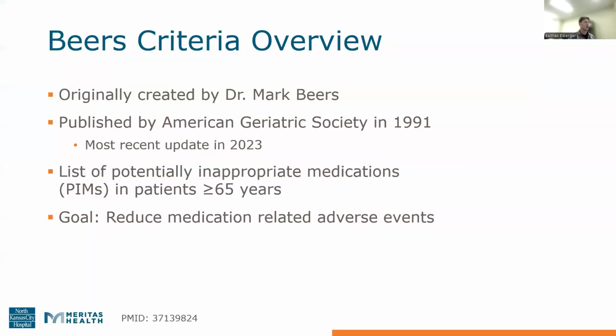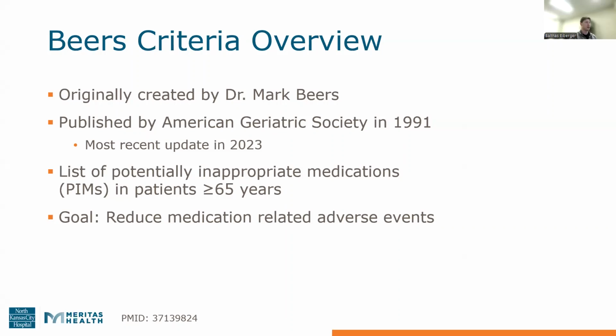All right, so now that that's out of the way, let's go ahead and get started. So what is the Beers criteria, and what does that even mean? It's a list of medications originally created by a physician, Dr. Mark Beers. It was published by the American Geriatrics Society in 1991, and that's updated about every 3 to 5 years, with the most recent update being in 2023.